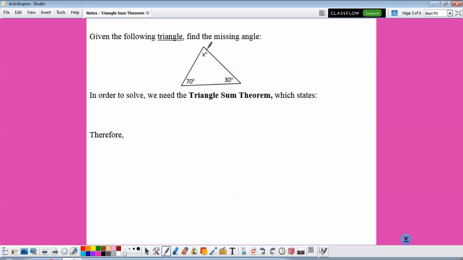Let's talk about this triangle. It's got an angle of 70, an angle of 30 degrees, and an angle of x degrees, and we want to find out what that missing angle is. What we need is the triangle sum theorem, and what that says is the three angles of a triangle add up to 180 degrees.